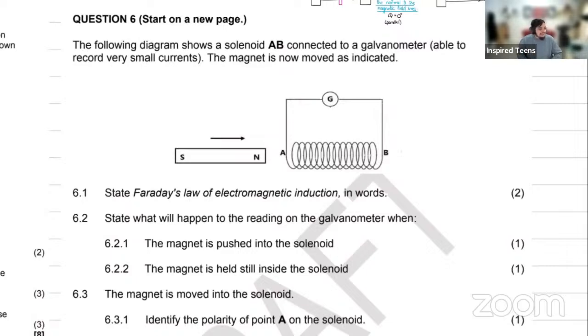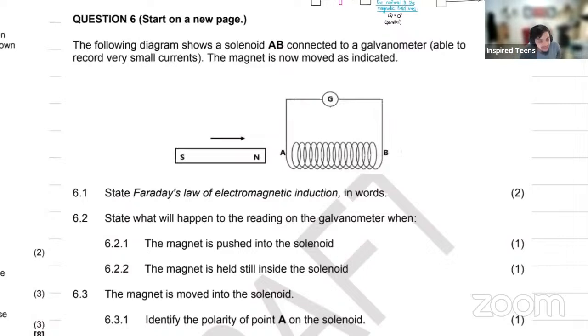But again, we're not mentioning what is going to happen to the galvanometer. The galvanometer reads current. Because there is a change in magnetic flux, there is going to be an induced current. That's the main takeaway from 6.2.1. State what will happen to the reading of the galvanometer when the magnet is pushed into the solenoid. The galvanometer will read a current, or there will be a reading on the galvanometer. Why?